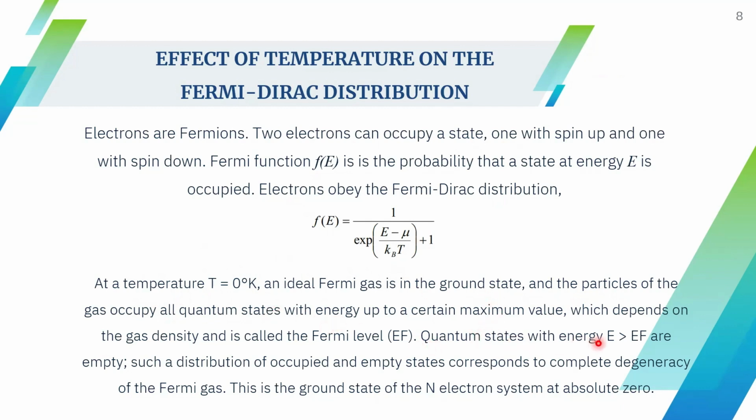The quantum states with energy greater than EF are empty. Such a distribution of occupied and empty states corresponds to complete degeneracy of the Fermi gas. This is the ground state of an electron system at absolute zero.